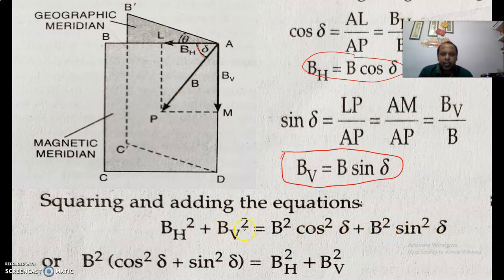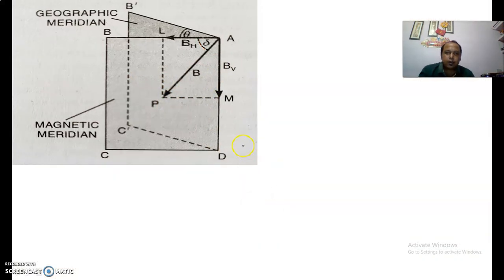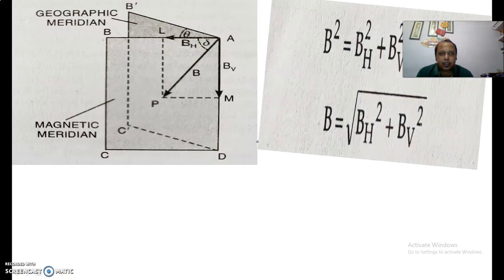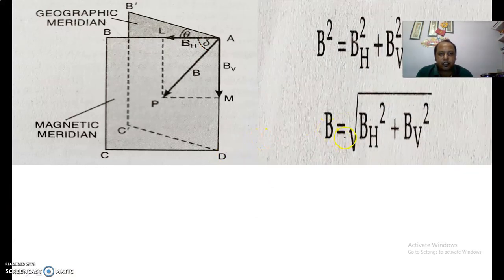So finally we have B is equal to root over BH square plus BV square. If we consider a right angle triangle and use the Pythagoras theorem, we will have the same relation. These are the simple things that you can understand very easily.